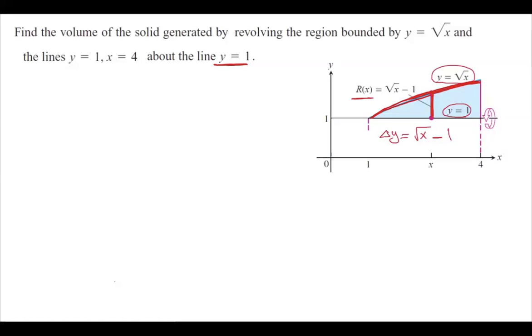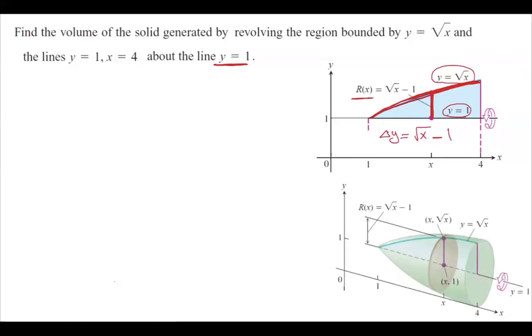Now that we identified r, and we start rotating this object and get this 3D surface, you see that the cross section is just the disk. The radius is square root of x minus 1. So to calculate the volume is the definite integral from 1 to 4 of pi r squared dx.